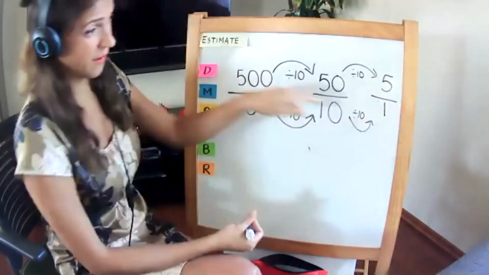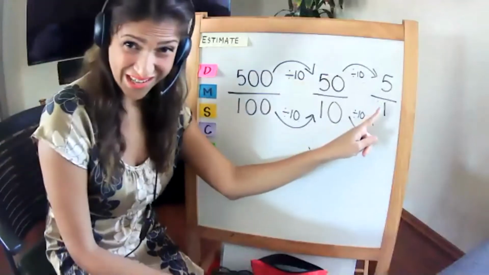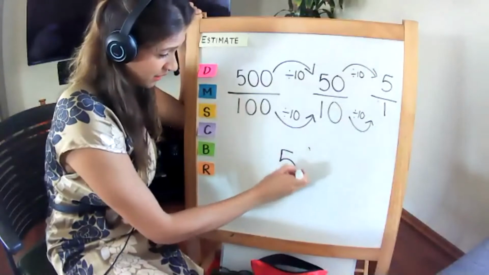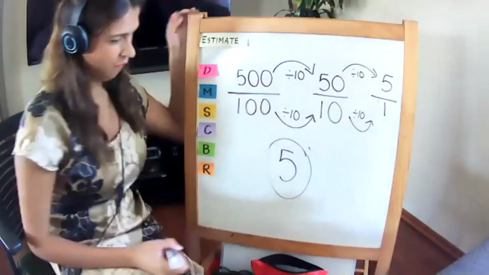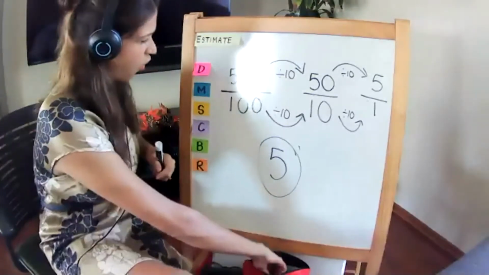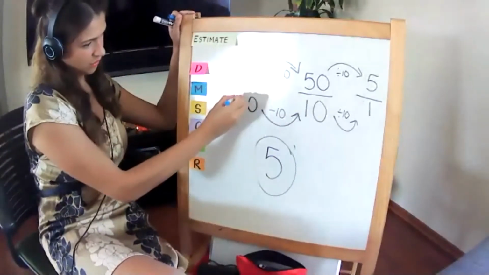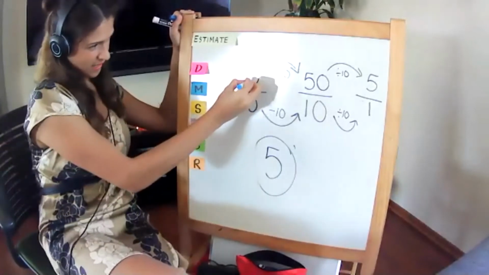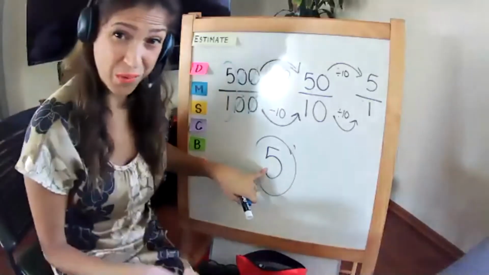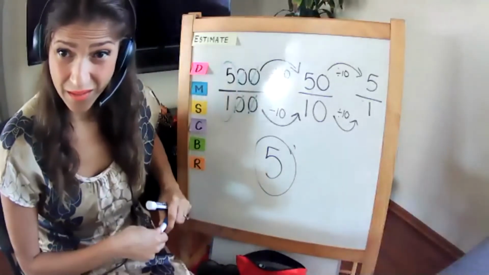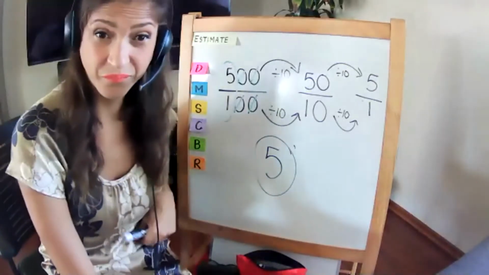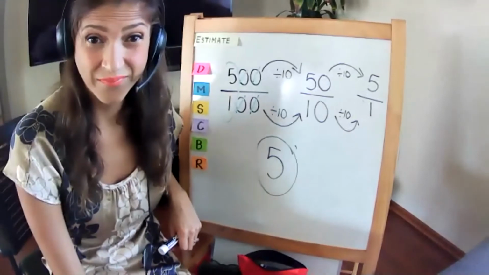And if you know anything about fractions that have a whole number over 1, 5 over 1 is the same as 5. So 500 divided by 100, when I solved that, all I did was cancel, cancel, cancel. I'm left with 5 over 1, which would be a whole number 5. But if you kept the zeros in, you would get 500,000 instead of 5.